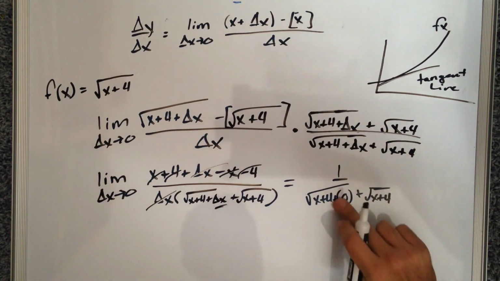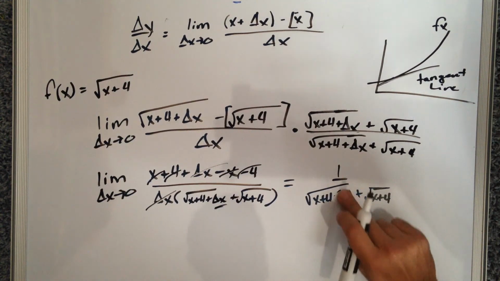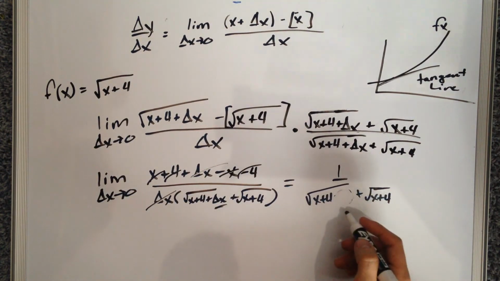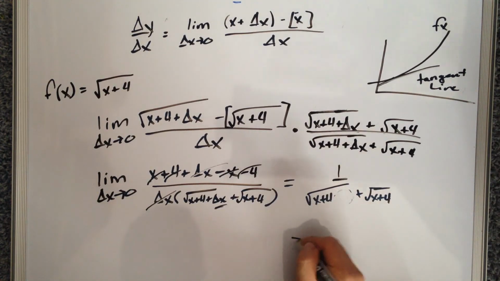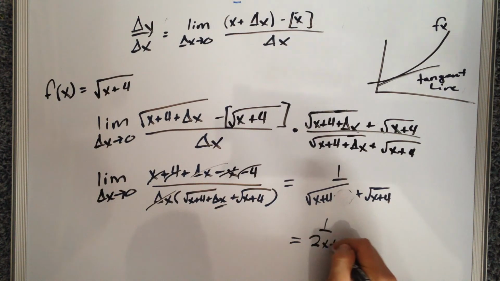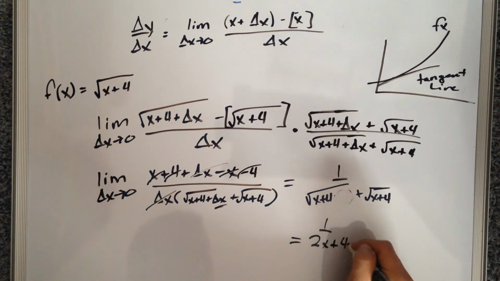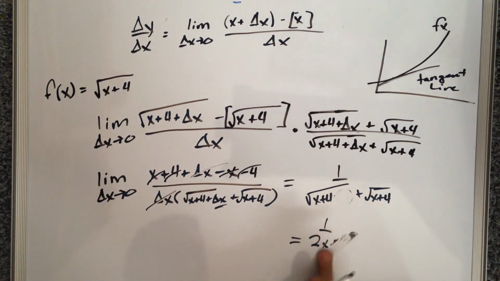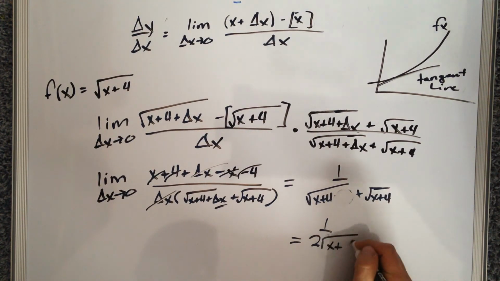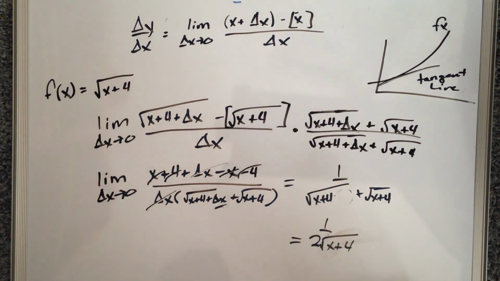And this 0 is going to be nothing. I mean, can't really do anything to anything else. And it's x plus 4, 1 over x plus 4 plus x plus 4, which is going to equal our final solution, 1 over 2 square root of x plus 4. My apologies.